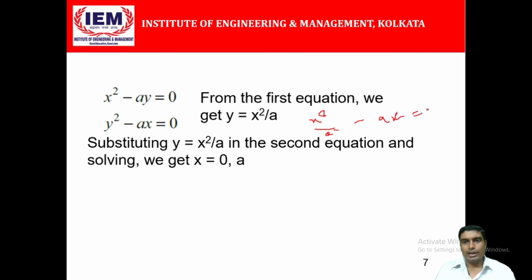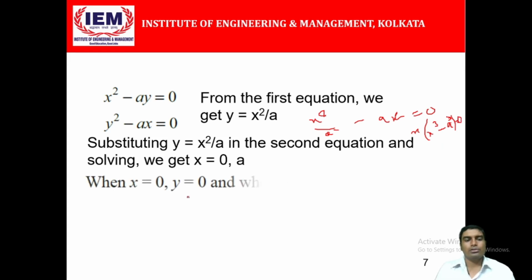Now I can take x common here, then it will be x times (x cube minus a cube). So the real roots of this equation will be x equal to 0 and x equal to a.